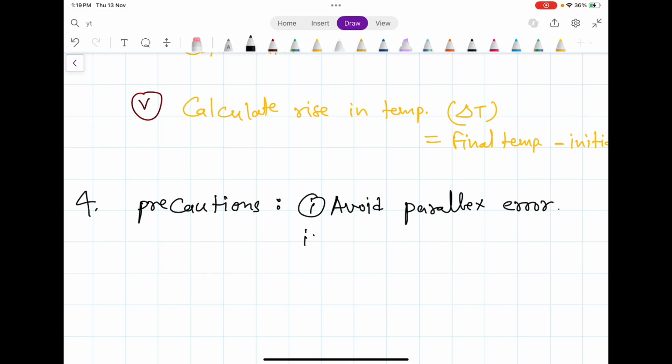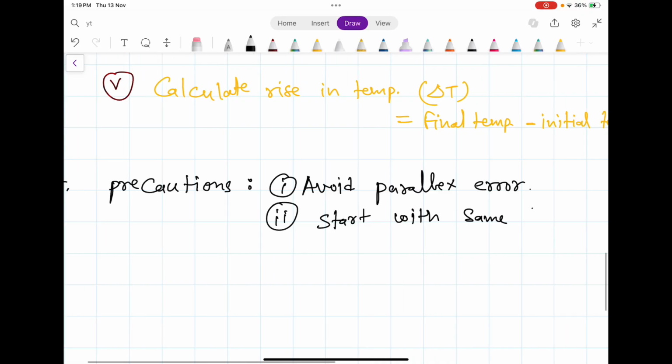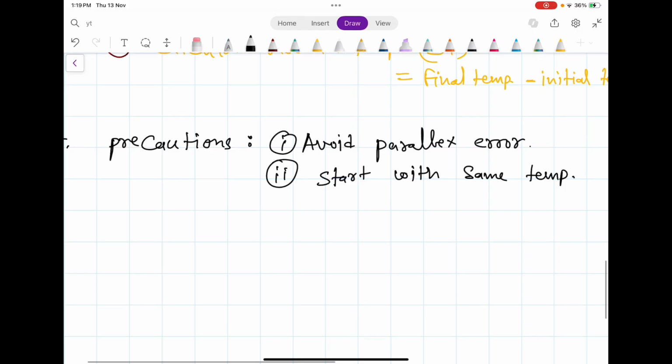First you can write that. Second you can write: start with same temperature.